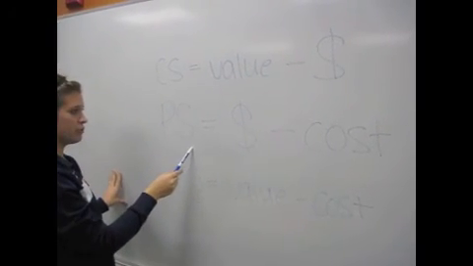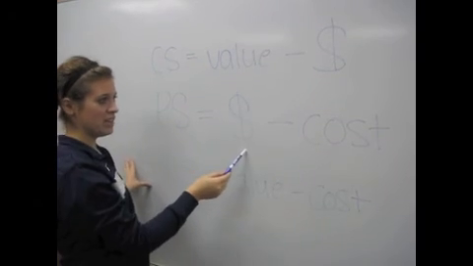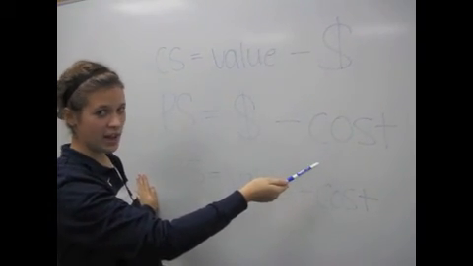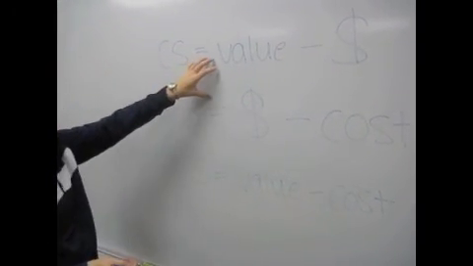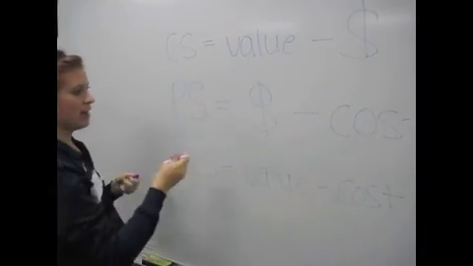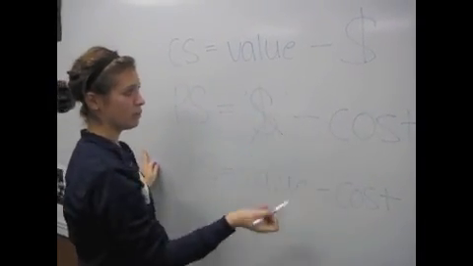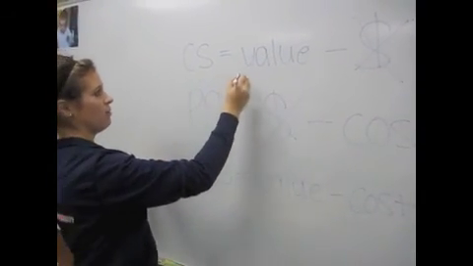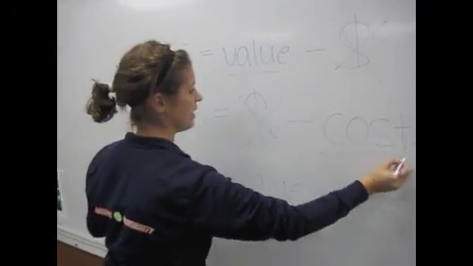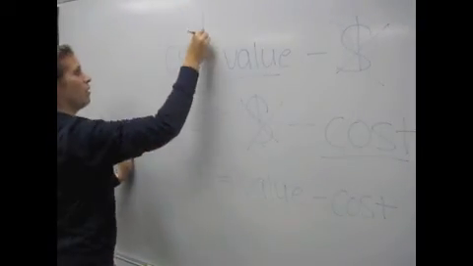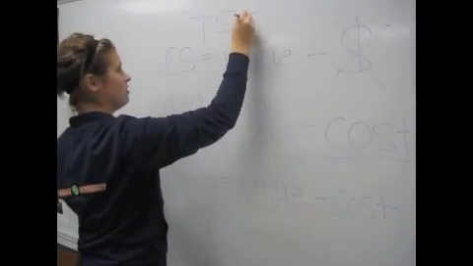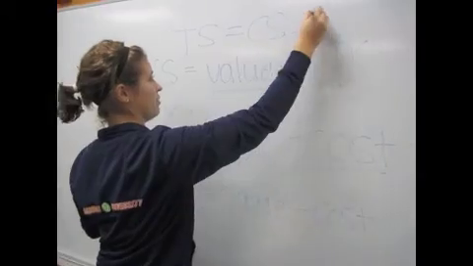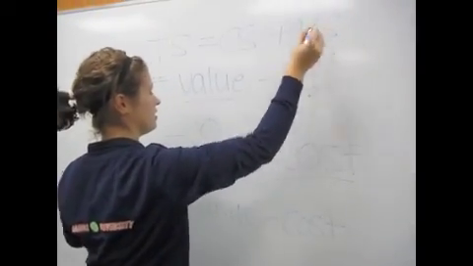And also our producer surplus is what they receive minus the cost of that item. So if we look at these together, we know that the amount received is equal to the amount paid. And so then the value minus the cost is going to be put back into the total surplus equals consumer surplus plus producer surplus.